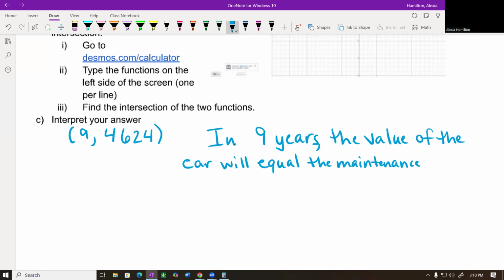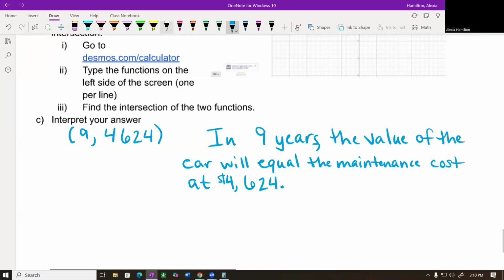Maintenance costs at about, I'm not going to write that word this time, but I always like to say it in my head, $4,624.